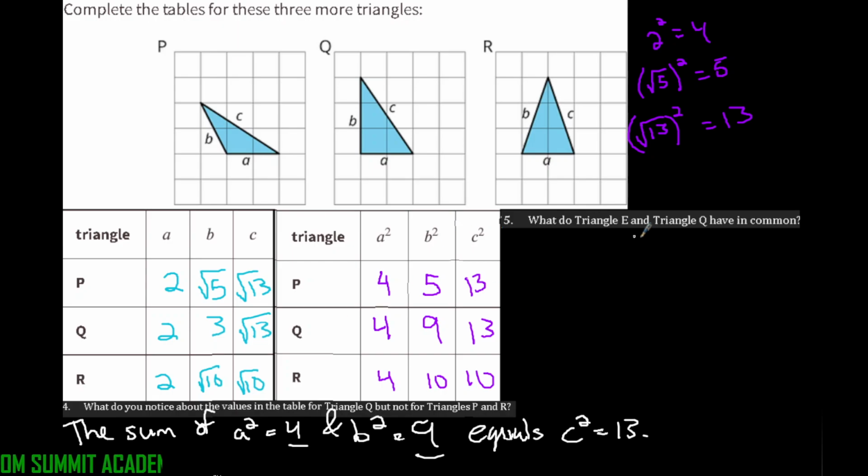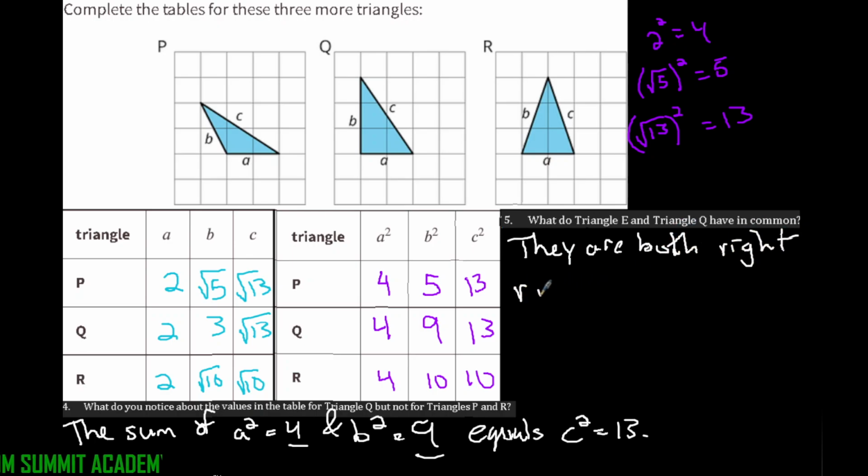Well, we can say what type of triangles they are. We can say they are both right triangles. And that just means that they have that 90-degree angle in them.